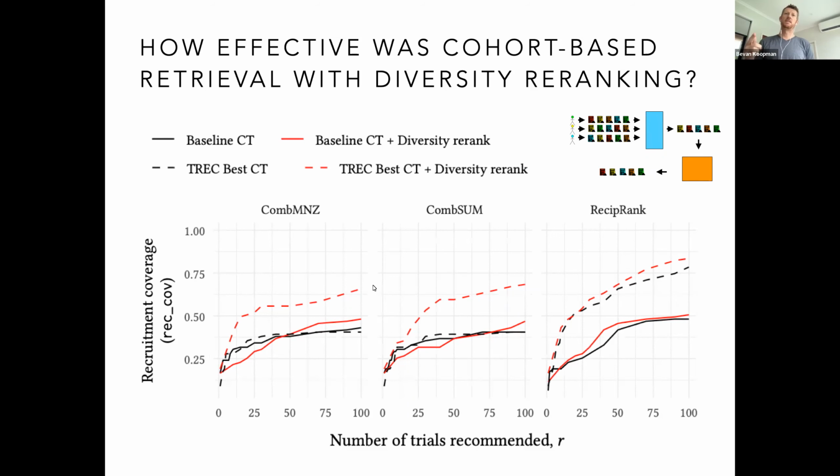So the diversity re-ranking in this case is exploiting the higher quality TREC best initial rankings. Except for our troublesome third child, reciprocal rank, where we're not seeing much difference.